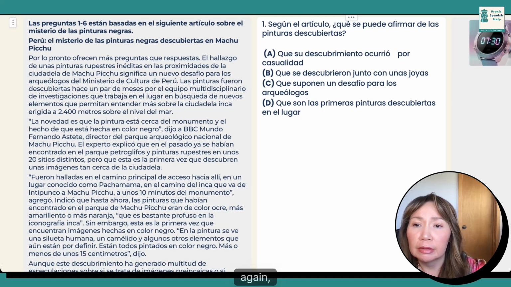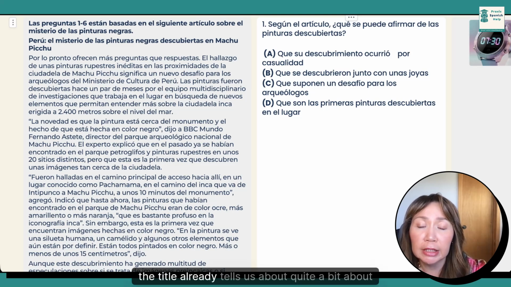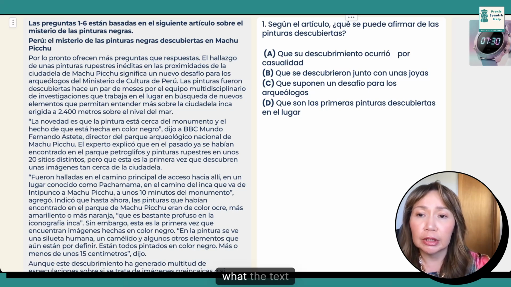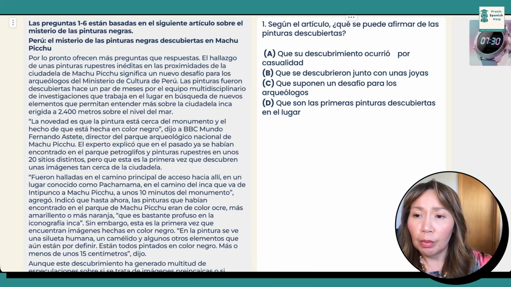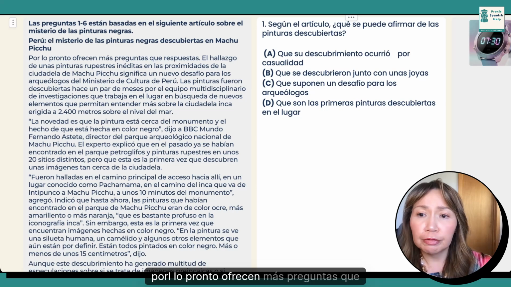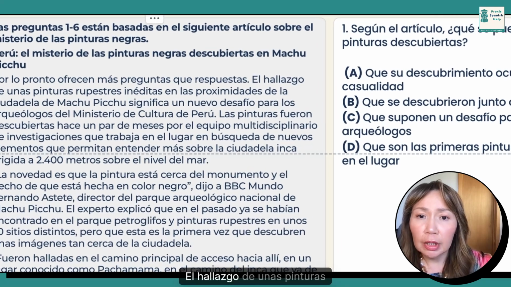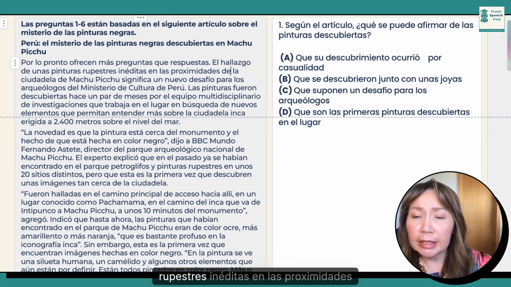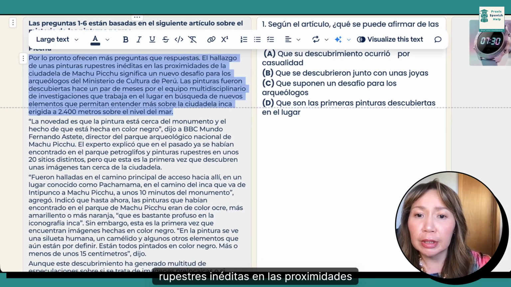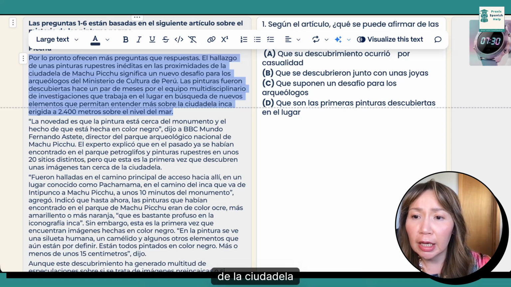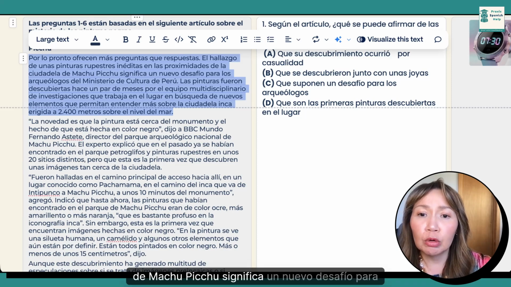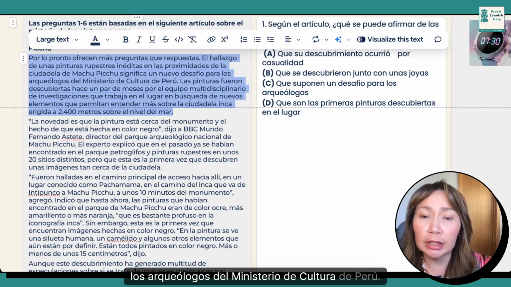The title already tells us quite a bit about what the text is going to be about. And here it says, por lo pronto ofrecen más preguntas que respuestas. El hallazgo de unas pinturas rupestres inéditas en las proximidades de la ciudadela de Machu Picchu significa un nuevo desafío para los arqueólogos del Ministerio de Cultura de Perú.